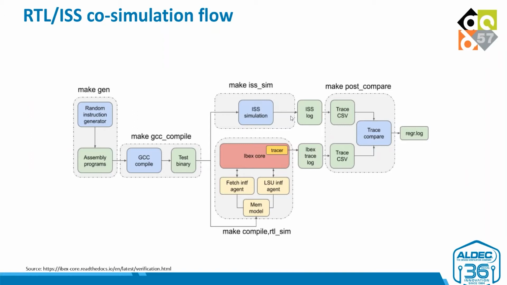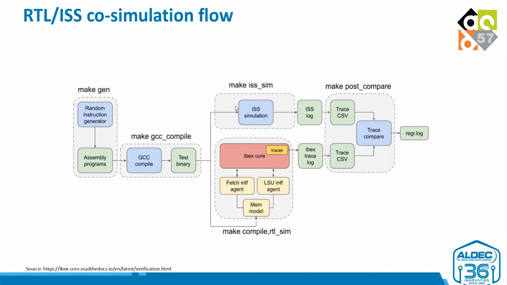So this is how the RTL and the instruction set simulator co-simulation flow looks like. And we have the make that will generate the random instruction generator. And we use the RISC-V tool chain to assemble that.